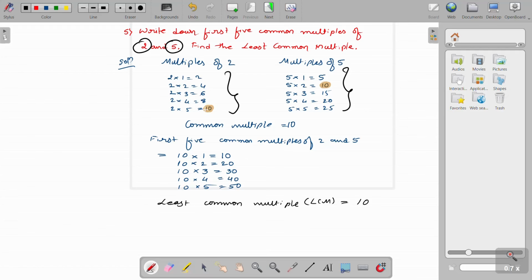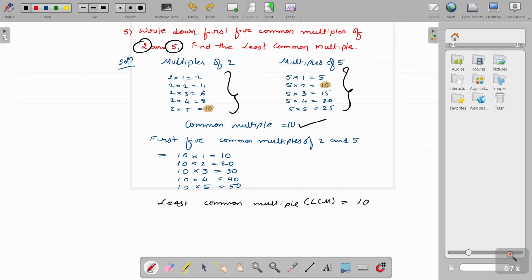So in that, I will check which is common by going with 2. 2 is not common, 4 is not common, 6 is not common, 8 is not common, whereas 10 is the common. The word common means it should be a multiple of 2 and it should be a multiple of 5. As you can see here, 10 and 10 is there in both. Because of that, that becomes the common multiple. So the common multiple itself is known as the least common multiple, or we will call it the first common multiple.